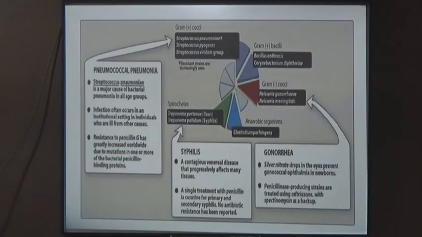Next, among the organisms, for cell wall synthesis inhibitors, penicillin is mainly for gram-positive organisms. Mainly pneumococcal, streptococcal and staphylococcal infections, but among these there is a lot of resistance to penicillins.